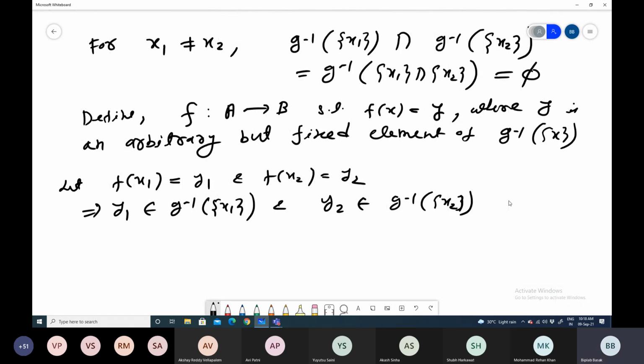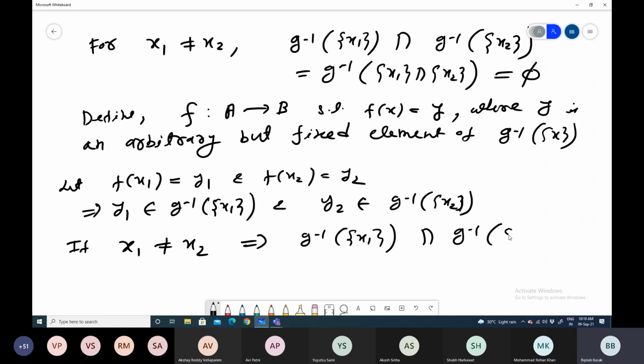Now if x1 is not equal to x2, that implies g inverse x1 intersection g inverse x2 is empty, and that implies y1 is not equal to y2.